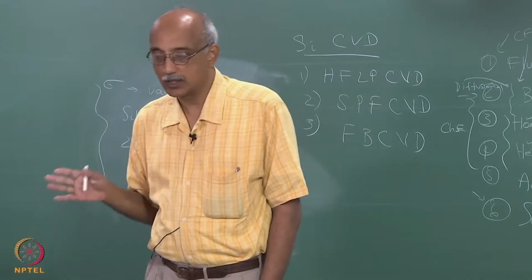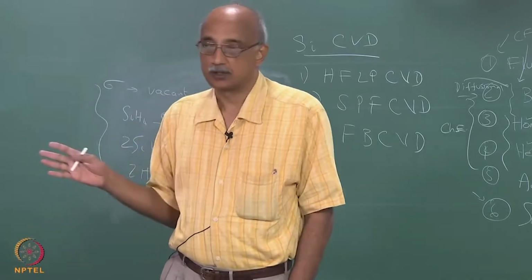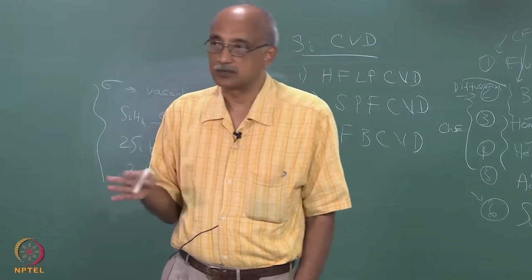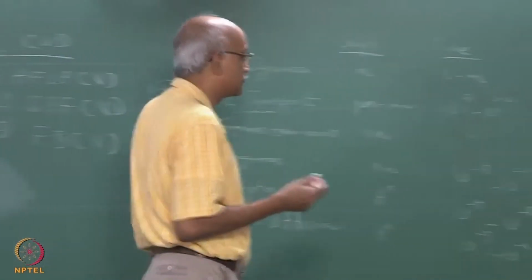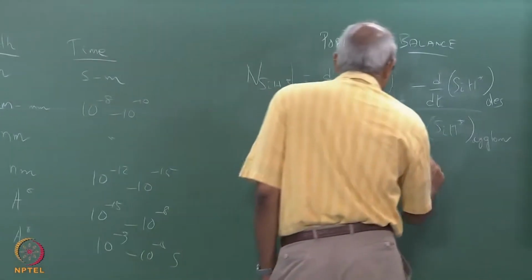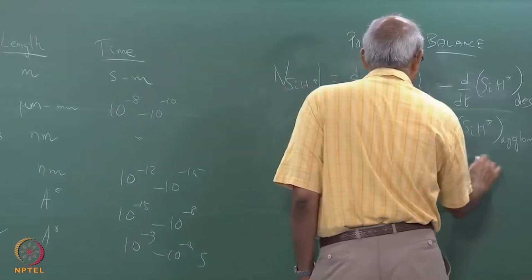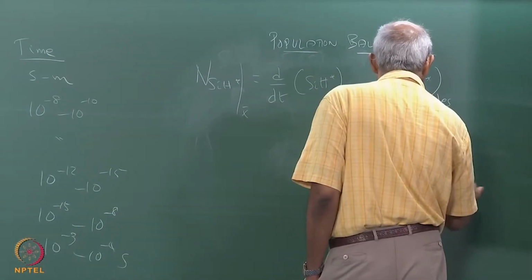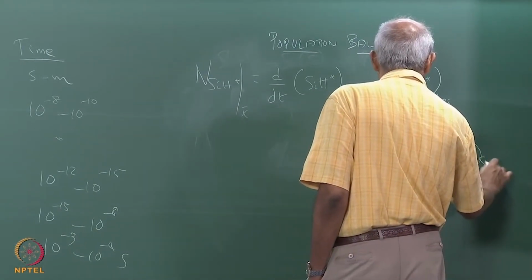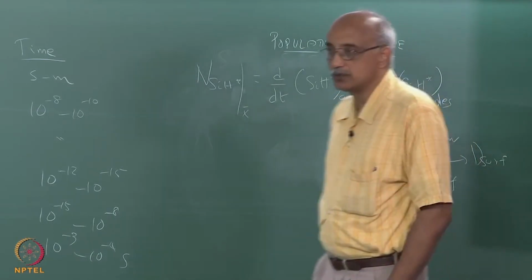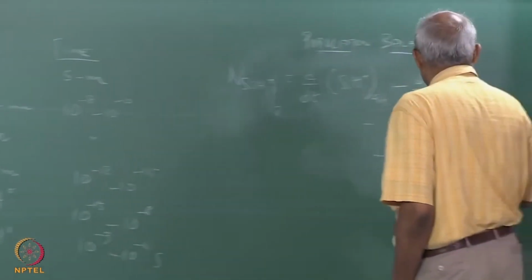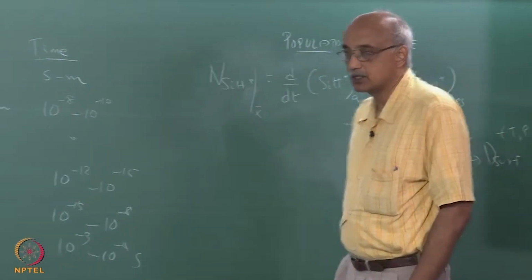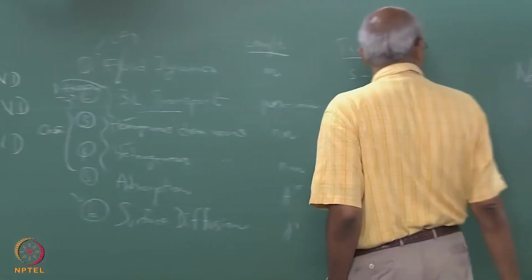So, you also have to look at simple migration of the molecule away from that location, even if it does not result in agglomeration. So, that is essentially a rate of change of SiH star due to surface diffusion, which would depend on obviously the surface diffusivity of the molecule, which again would be dependent on the prevailing temperature and pressure conditions.